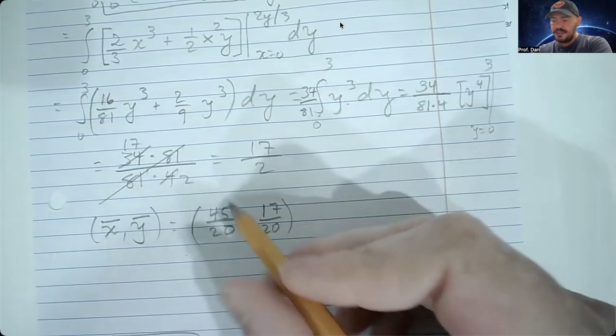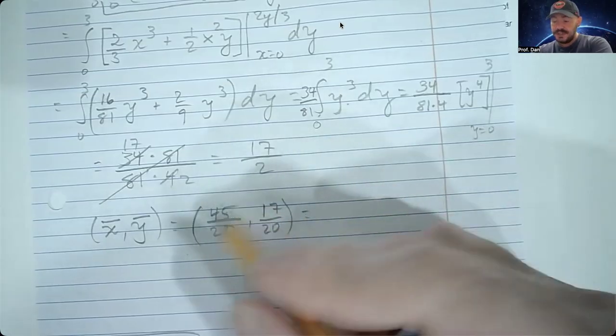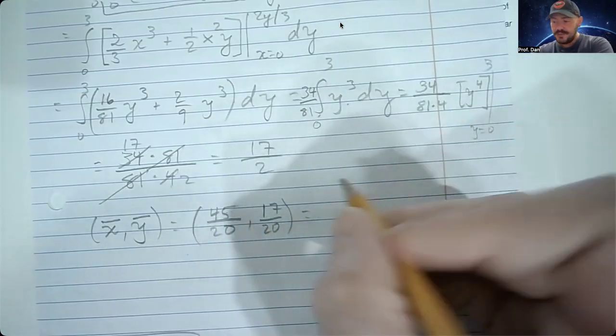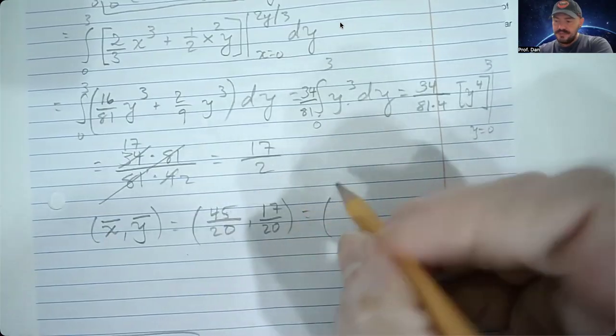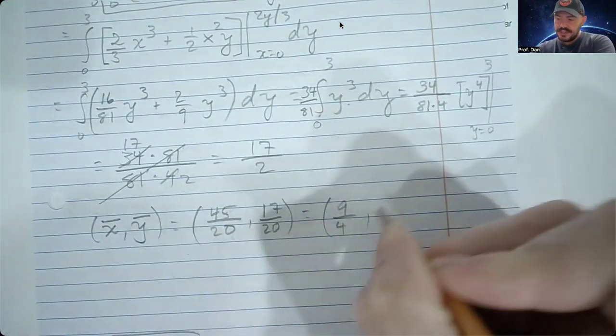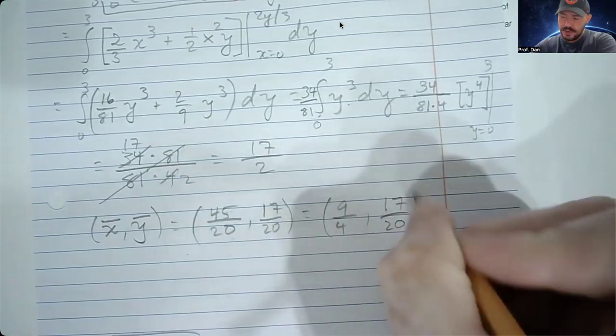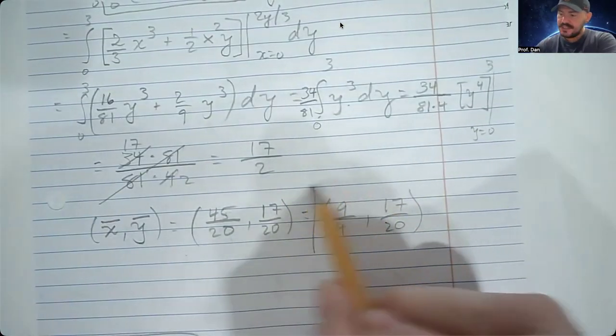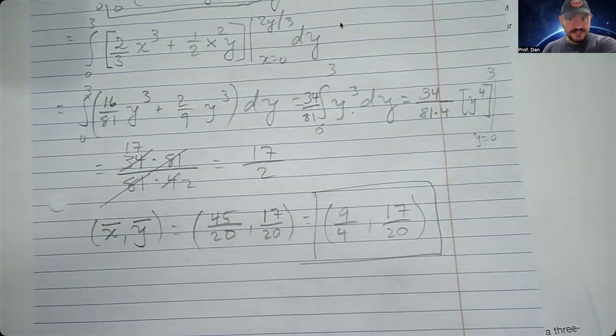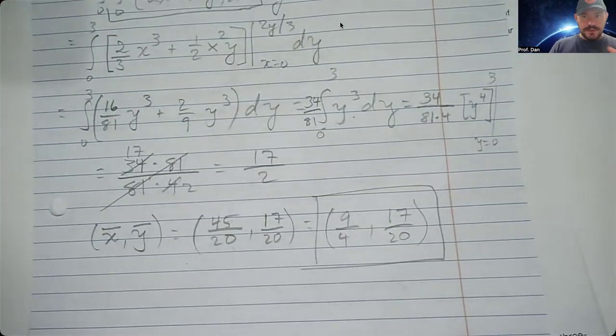I notice that the first one actually reduces, right? Both of these are multiples of 5. So that's going to be 9/4 for the x coordinate and 17 over 20 for the y coordinate. And that is our center of mass. So we calculated the first raw moment along each axis, x and y, and then we divided by the 0th moment to get our center of mass.